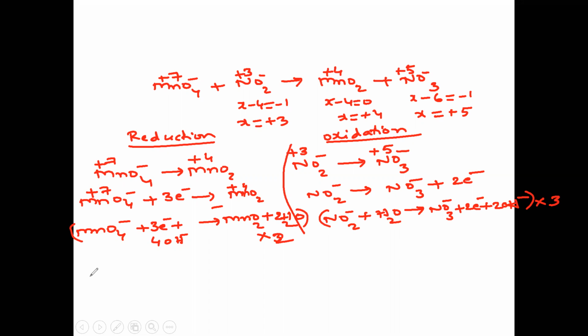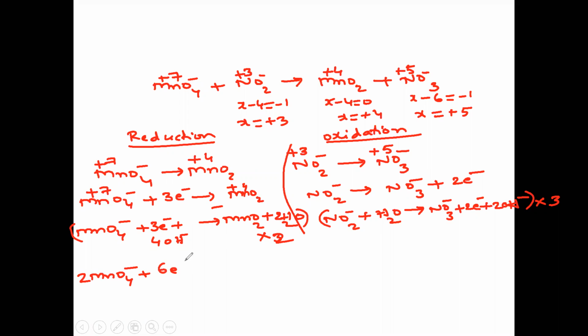So the final writing here: 2 MnO4 minus plus 6 electrons. Why are we multiplying with 2 and 3? To balance electrons.